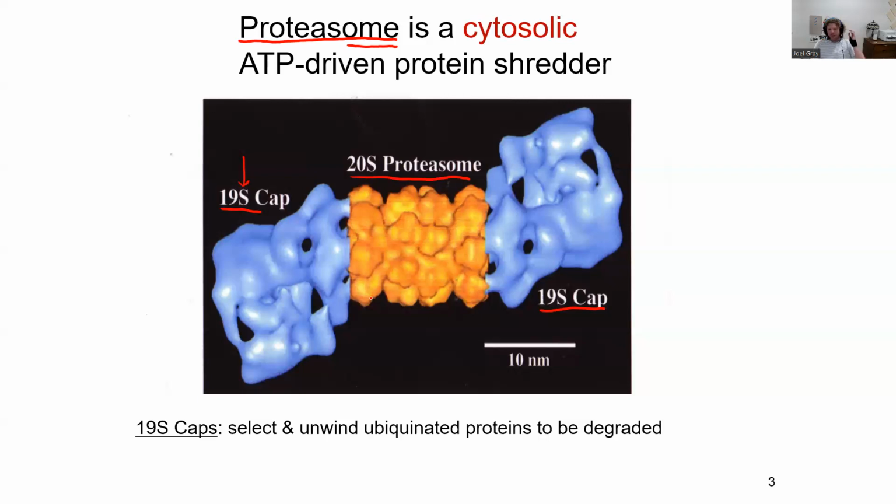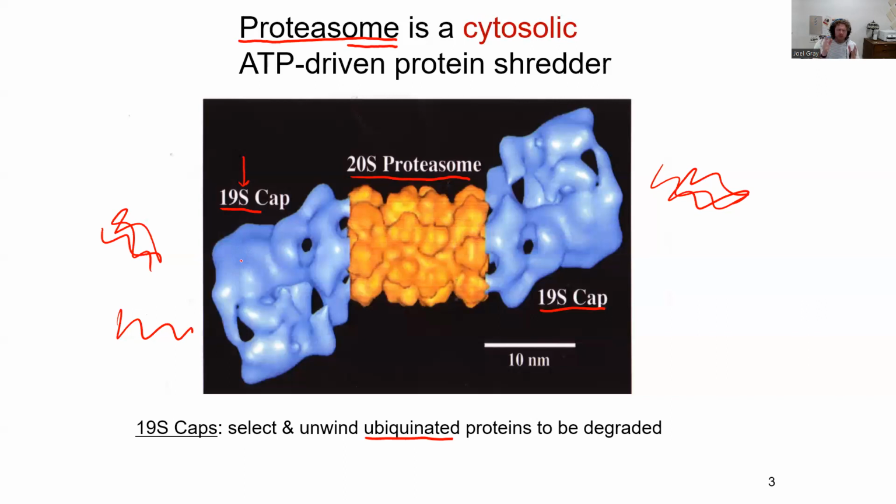Now, the way that this functions is that these 19S caps select and unwind ubiquitinated proteins to be degraded, sorry, not degraded. So what they will do is, let's imagine we've got a polypeptide out here, polypeptide out here. And these 19S caps serve as almost like baits, and they grab onto something known as a ubiquitinated protein.